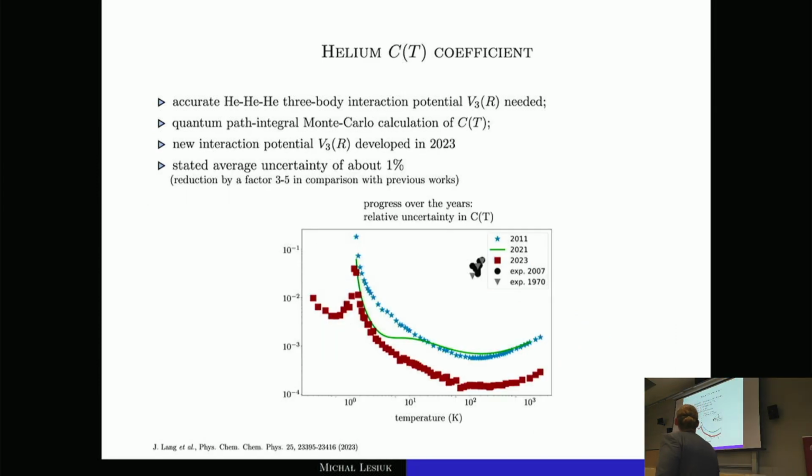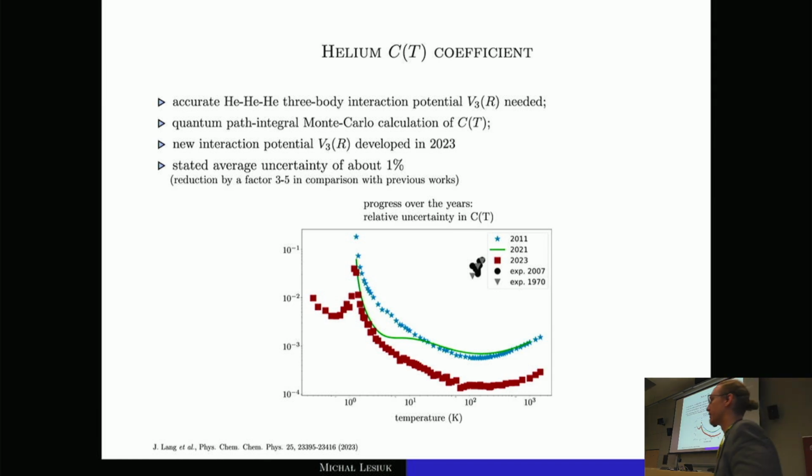The next is the third density virial. For that, we need the three-body interaction potential. The additional difficulty here is that calculating the virial coefficient from the interaction potential is quite straightforward for two-body interaction. But if you have interaction of three bodies, then you need path integral Monte Carlo calculations.